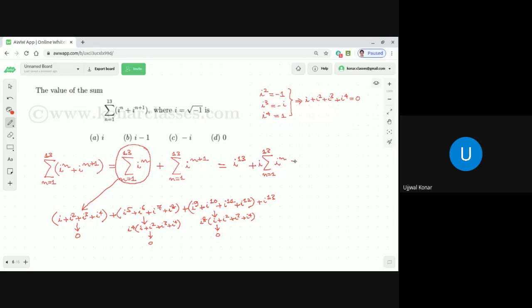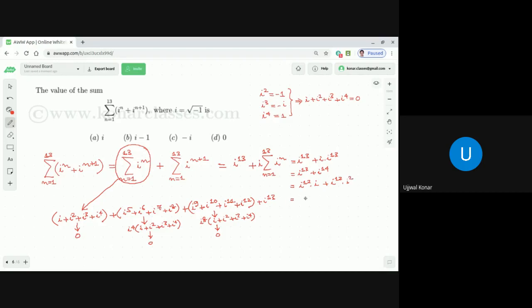And we just learned that the sum for n equal to 1 to 13 of i^n is equal to i^13. So we can write i into i^13. That is equal to i^13 plus i^14. I^13 we can write as i^12 into i, and i^14 I can write as i^12 into i square. Correct, dear students?